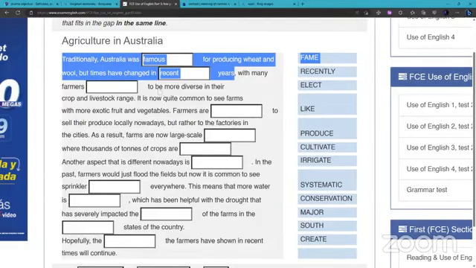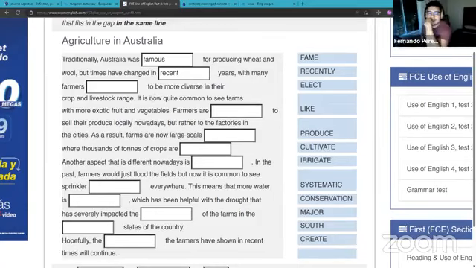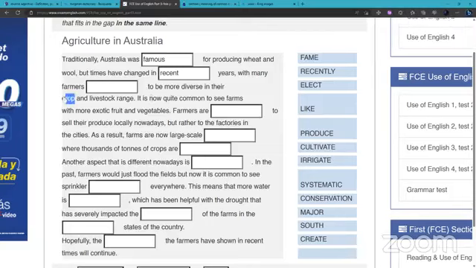Traditionally, Australia was famous for producing wheat and wool, but times have changed in recent years, with many farmers space to be more diverse in their crop and livestock range. What is crop? Crop is semilla. No, how do you say it in English?